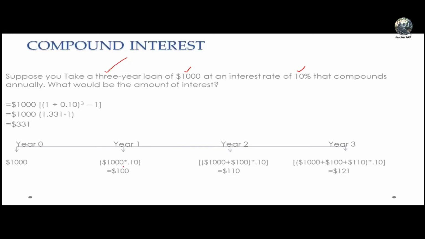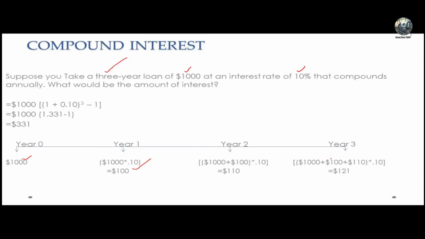In the first year, the calculation of compound interest is similar to simple interest. But in the second year, to calculate compound interest, you have to consider both principal and first year interest. So your principal is 1,000 and first year interest is 100. So total value is 1,100, and its interest at the rate of 10% will be $110.